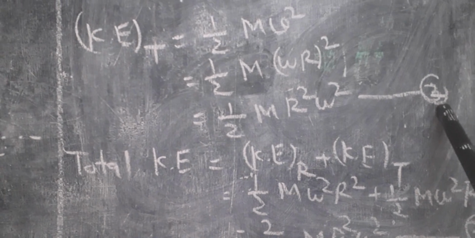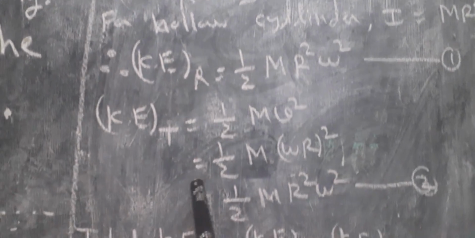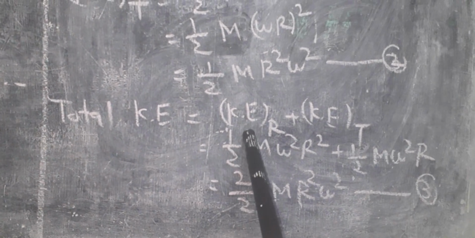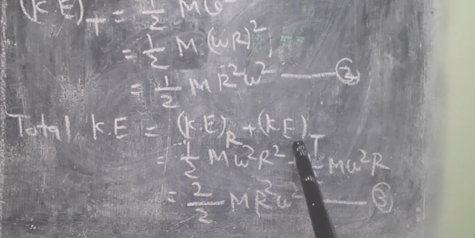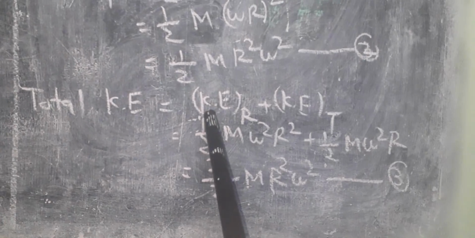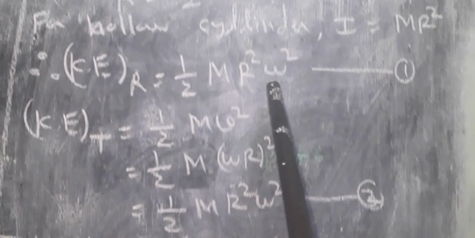We want to find out total energy also. We have found rotational kinetic energy. We have found translational kinetic energy. Let us find out total kinetic energy. How to find this? The combination of rotational kinetic energy and translational kinetic energy. So in place of KER, we write 1/2 m omega square r square, equation number 1.